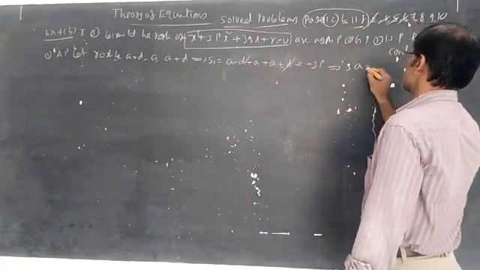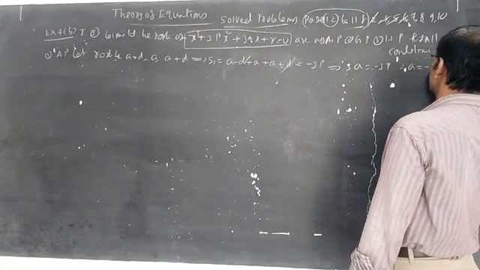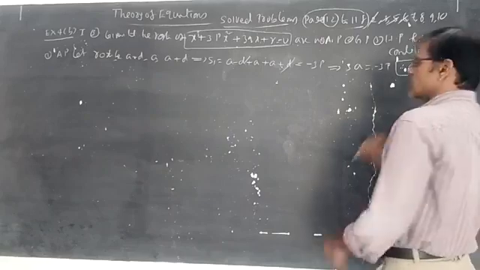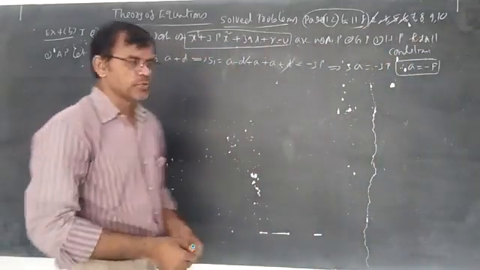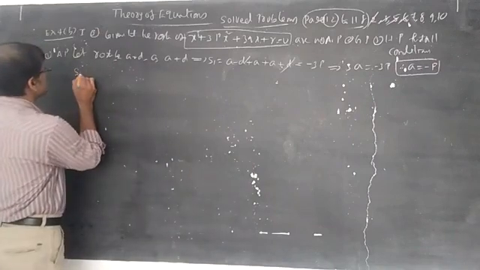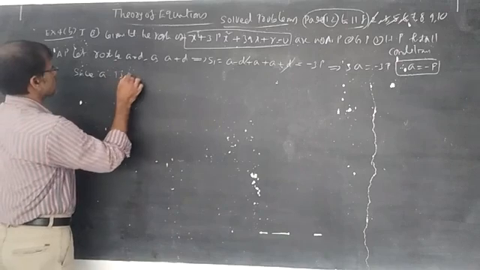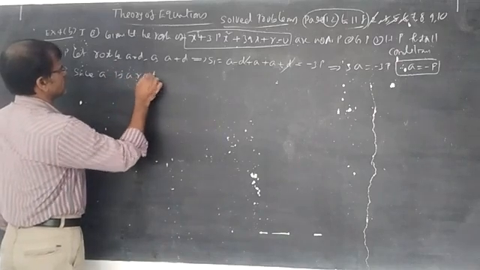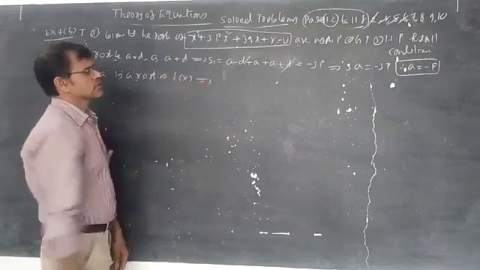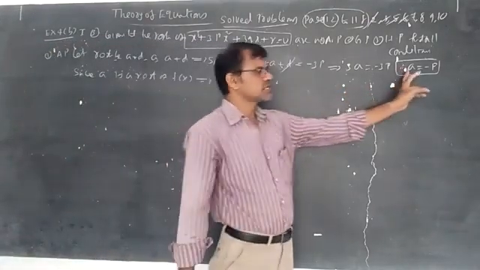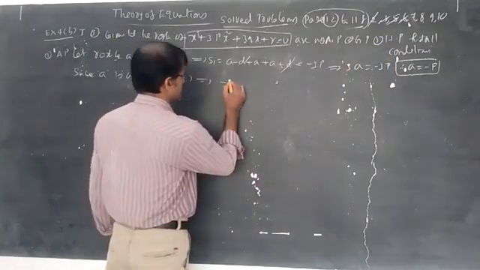So we got 3a is equal to minus 3p, therefore a is equal to minus p. Since a is also a root among the three roots of the given cubic equation, a is a root of f of x, so you can substitute the value minus p in the given equation and you will get the condition.